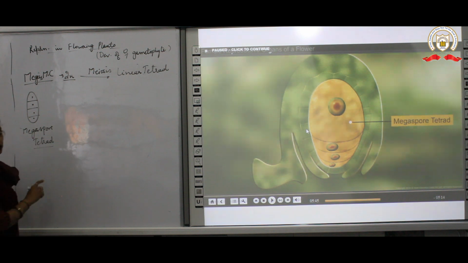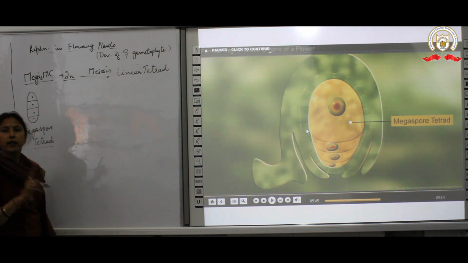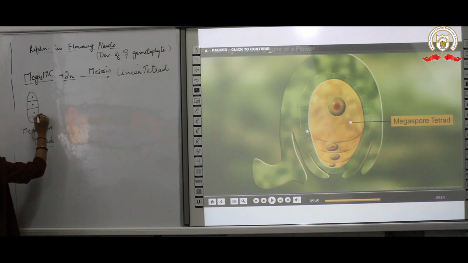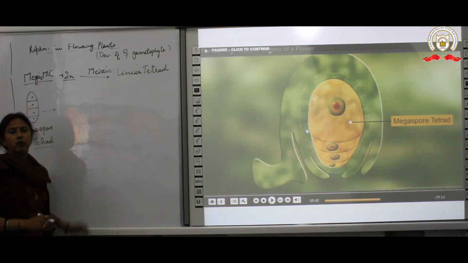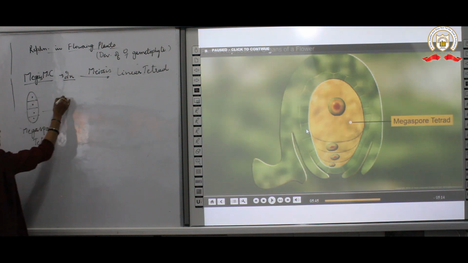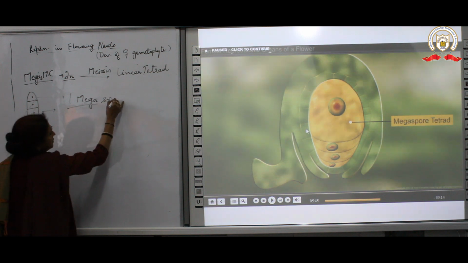Remember we discussed the microspore tetrad also. In case of the microspore tetrad, all the 4 microspores were developing into pollen grains. But here, 3 of the megaspores undergo degeneration and only 1 megaspore remains.